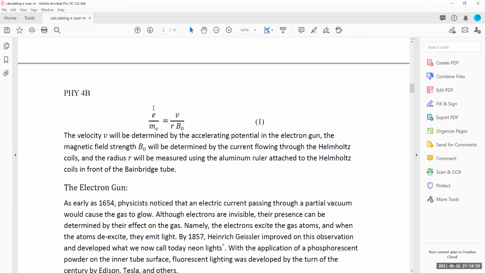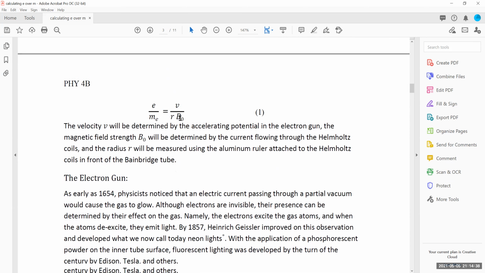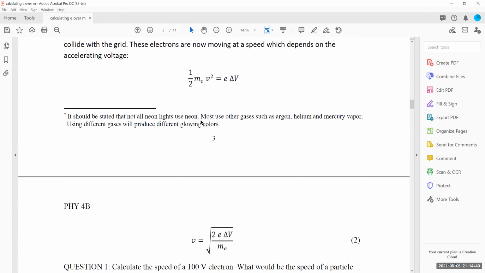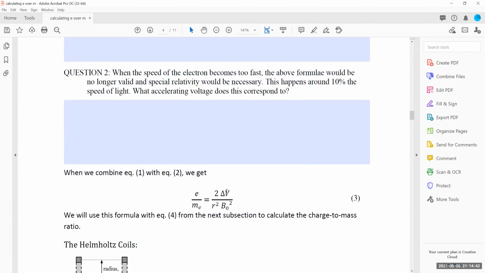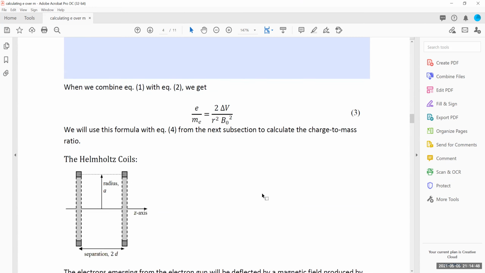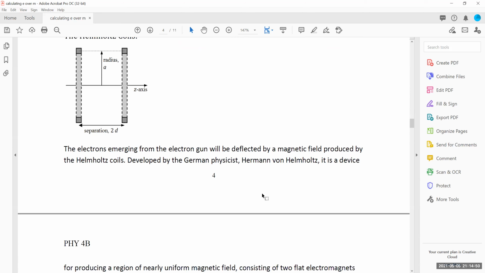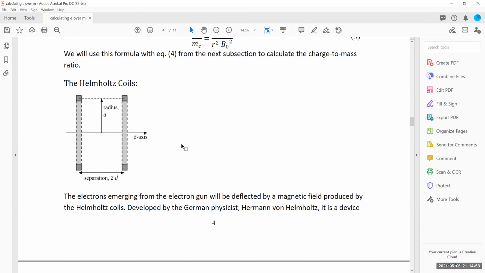Cancel one of them, and you will be left with an E over M in terms of everything else other than V. And everything else other than V is obviously the potential, delta V, and you have the magnetic field itself, and the R squared. Okay, so far so good. Now, here is the actual apparatus.